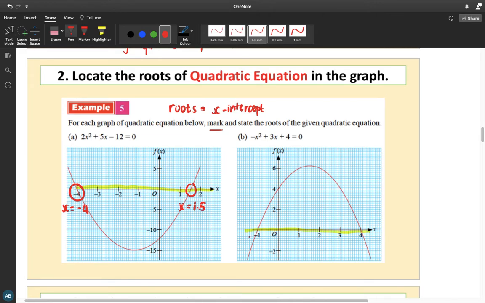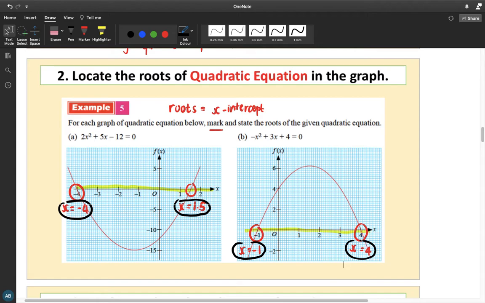Okay, so what about this one? This is our x-axis, so we want to find the x-intercepts. It's here and it's here. So x equals -1 and x equals 4. These are the roots of the quadratic graph.